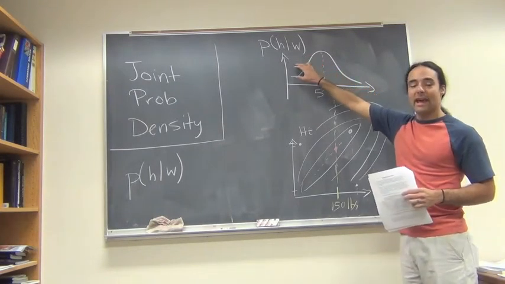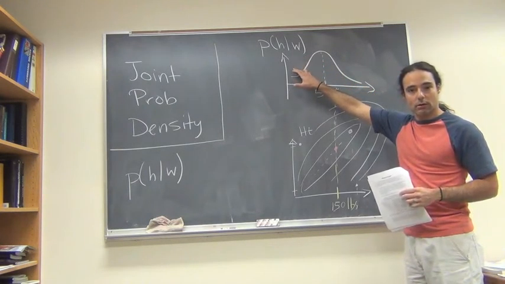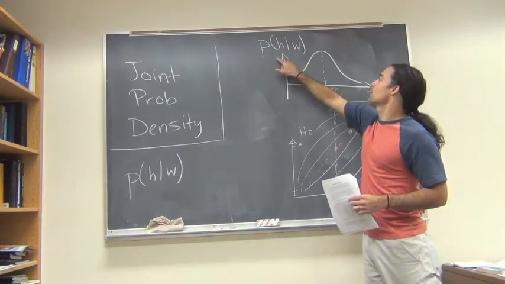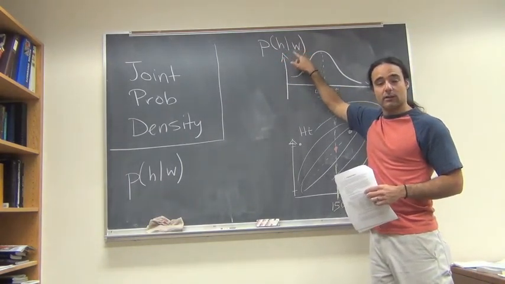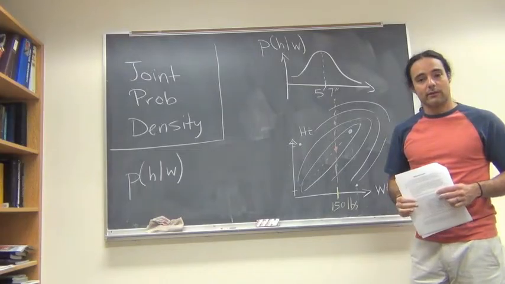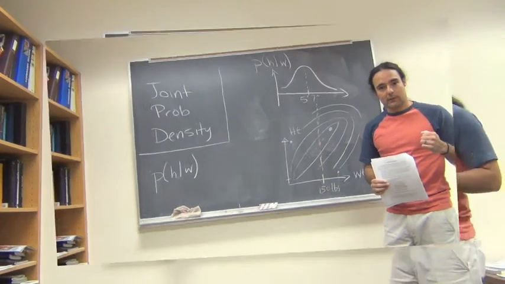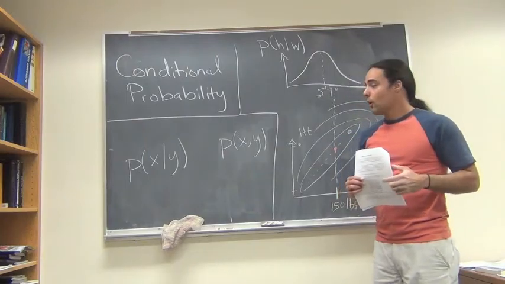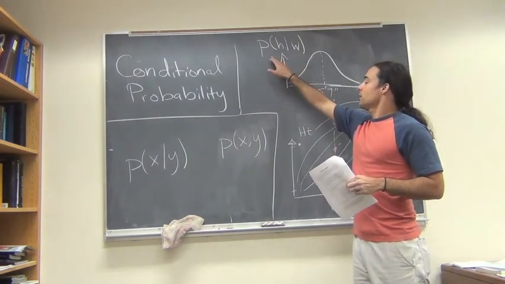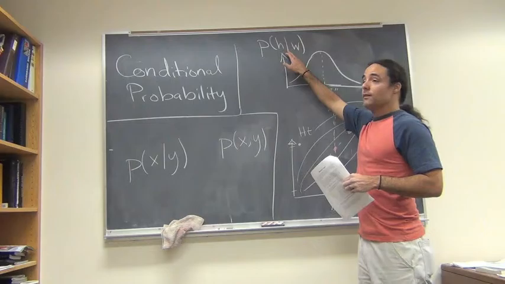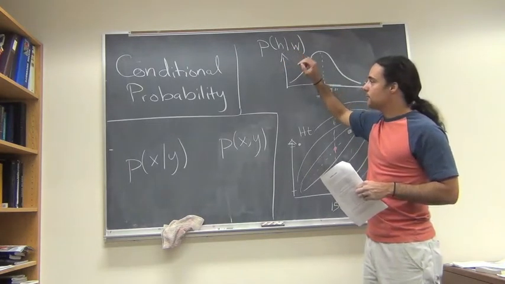But how do we actually get this function, this probability for having a certain height, given that the weight has some particular value? How can I find that from the joint probability density? So we would like to know what's the probability of getting a certain height given that we have a certain weight.